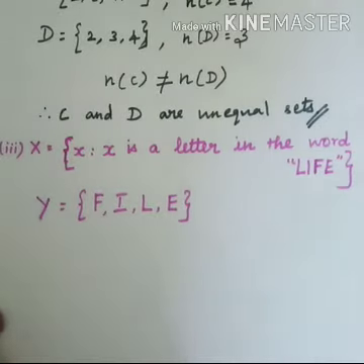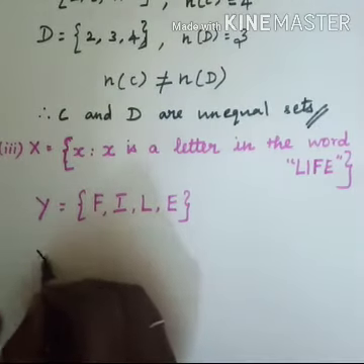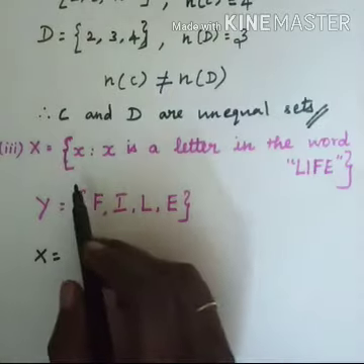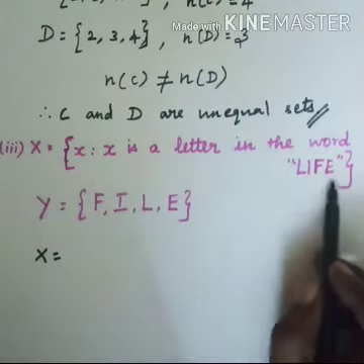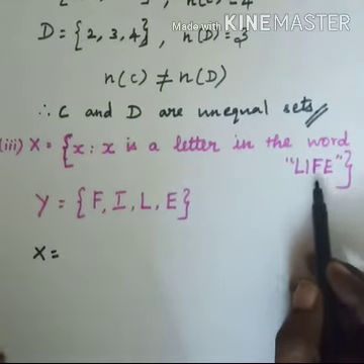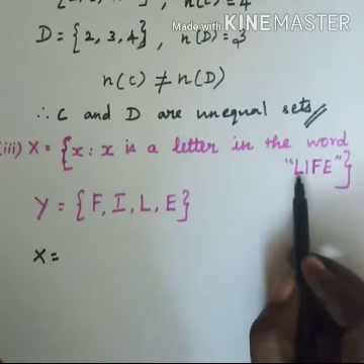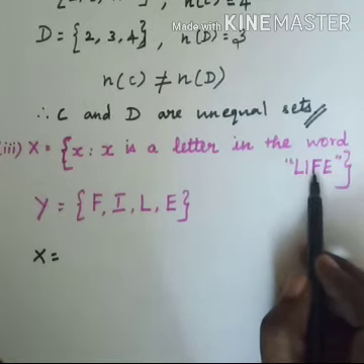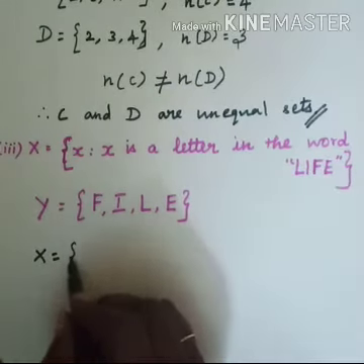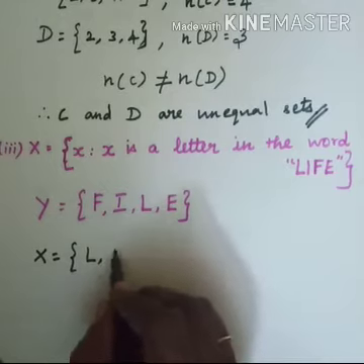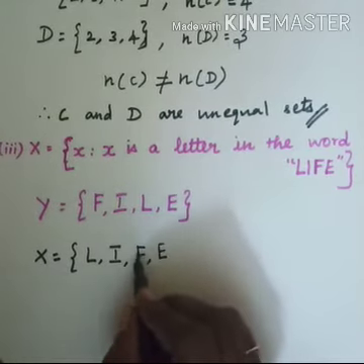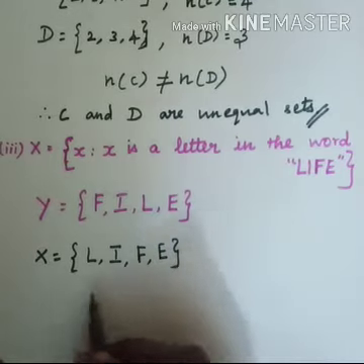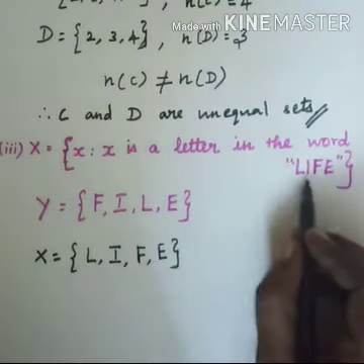First, the set X is equal to x such that x is a letter in the word life. So what are the letters in the word life? L, I, F, E. These are the letters in the word life.